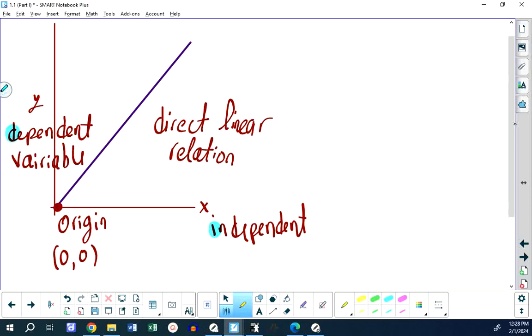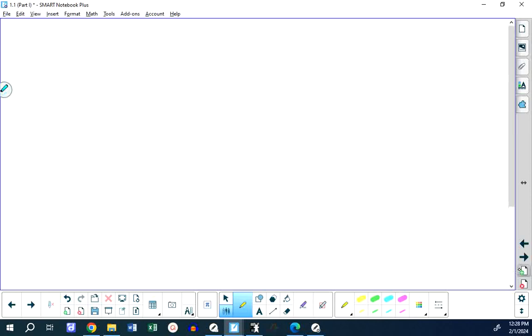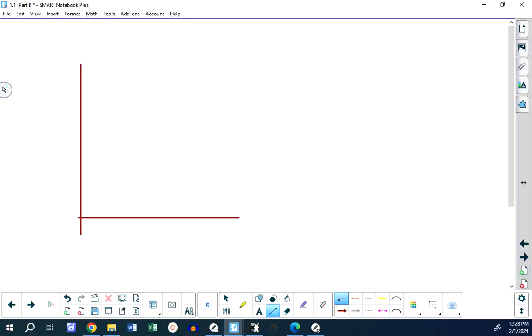Okay, so that's one way you can remember. Now, you also have to know which is which by what we would call a scenario. So let's say I had a graph, and this is not going to be a perfectly straight line. It's going to be data that's a little bit all over the place, but that's okay. Would you agree that my heart rate is connected to how fast I'm running? I mean, that makes sense. Within limits, right? If I continue running faster and faster, my heart doesn't beat faster and faster.